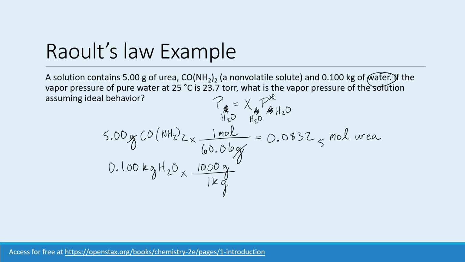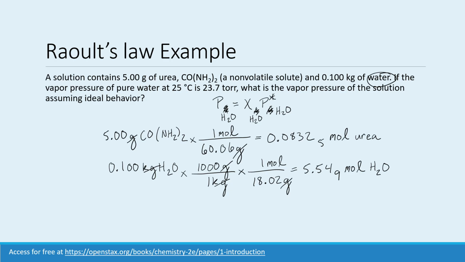So write 1,000 grams per 1 kilogram to get those kilograms to cancel, and then we can divide by that molar mass of water, which is roughly 18.02 grams per 1 mole. Okay, so grams cancel. That leaves us with moles of water, and keeping 4 sig figs, we will get 5.549 moles of our solvent, or moles of water.